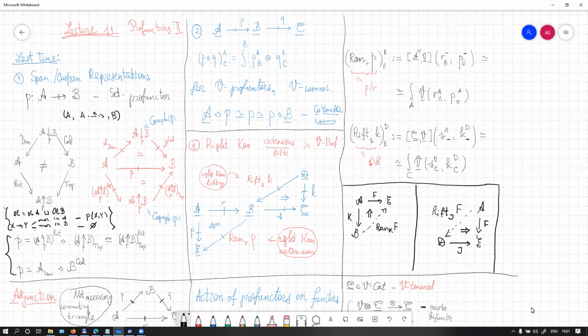However, in the category of V-profunctors, we have this fantastic thing that for any two profunctors that either are going from one category, or are landing in the same category, we have Kan extensions and Kan liftings, both are right. How are they given? If we have this picture that I'm right now moving my pointer at, then in the left part we have right Kan extension, and in the right part of it we have right Kan lifting.